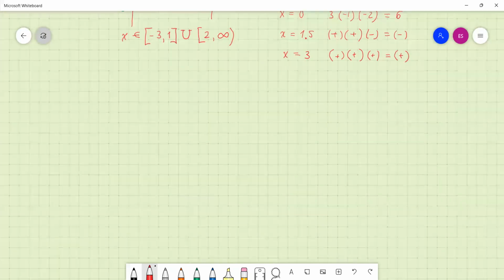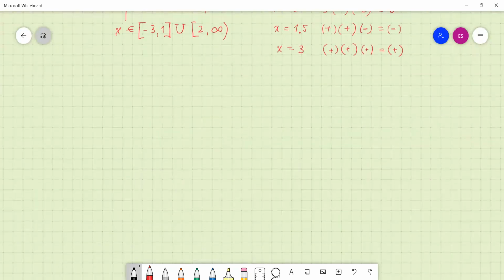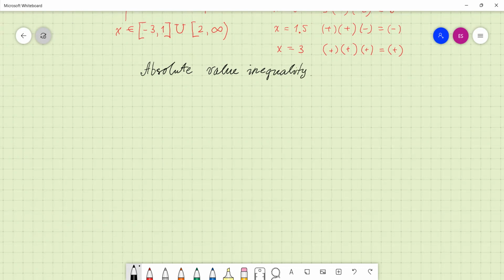Okay, let me scroll this up, write down absolute value inequality. Well, what is absolute value inequality? You remember what absolute value is. Absolute value is a kind of distance from your number to 0.